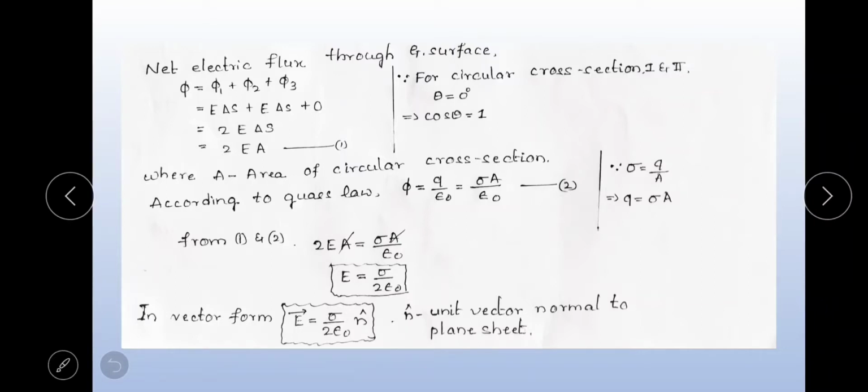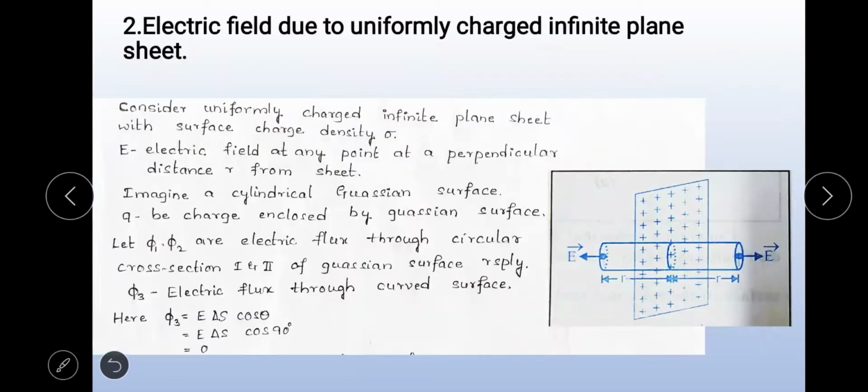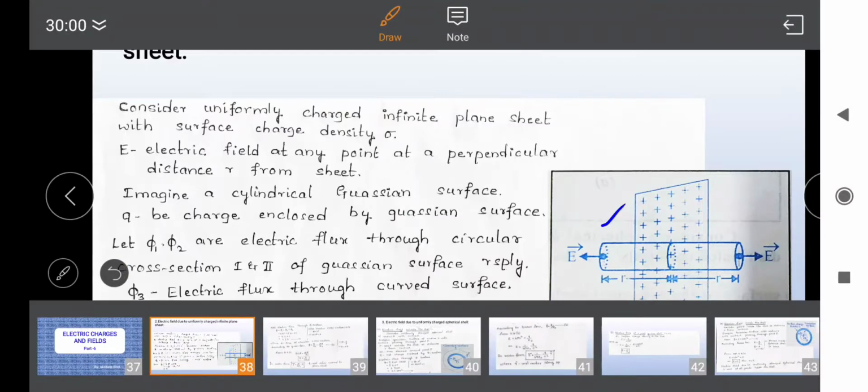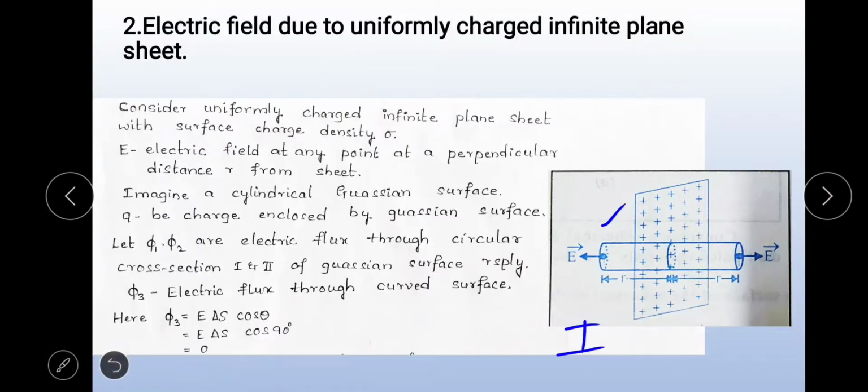In the diagram you can observe for circular cross sections 1 and 2, theta equal to 0 degree and cos theta equal to 1. So this is the circular cross section of the Gaussian surface, the first surface. This is the direction of electric field E, and along the same direction the unit vector is drawn.